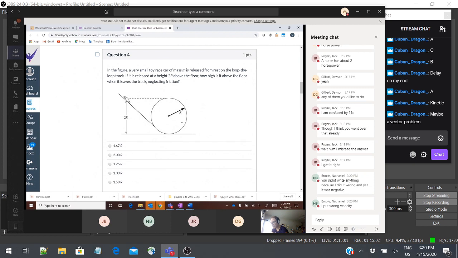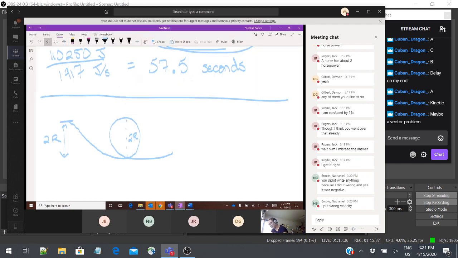Eventually it would all be potential when it gets back to the same height, but that is the height where its velocity would be 0. But I don't think that's the height when it leaves the track. So the height when it leaves the track.